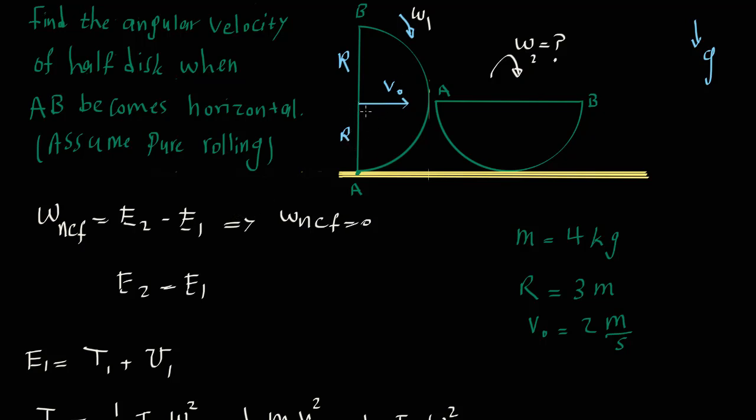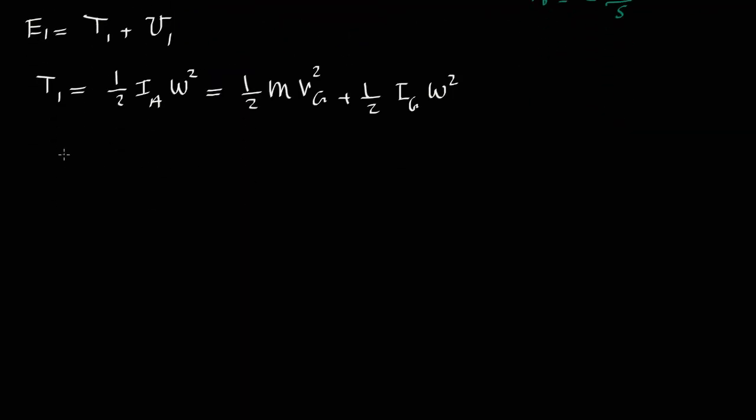I can write down the velocity of this point, let's call it O, based on A. Because I have the velocity of O, and also the velocity of A, which is 0, I should be able to find omega 1. So basically v_O is equal to v_A plus omega cross r_O/A.